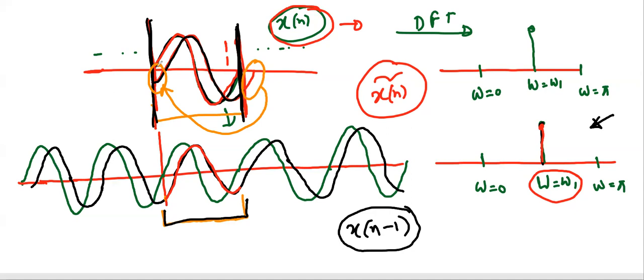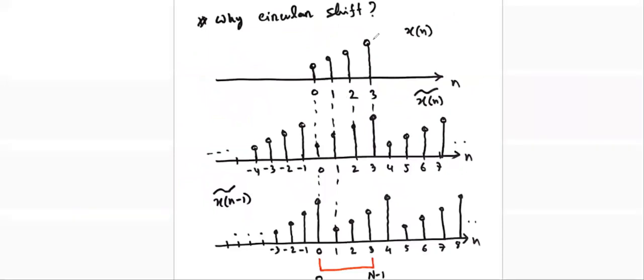From the same logic, we can say that whenever this signal has been shifted, the front side can become the tail side, and that makes sense from the repeating function of the time domain sequences.